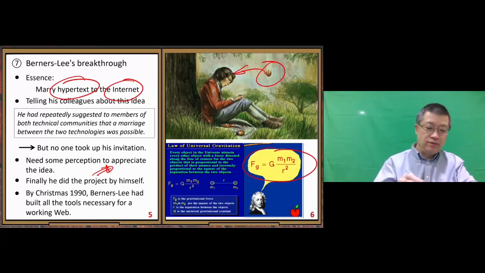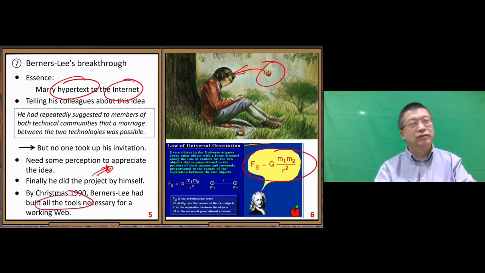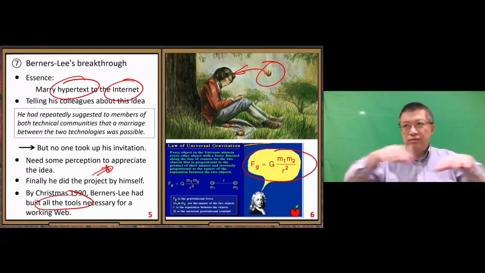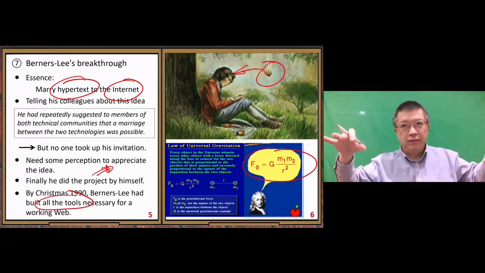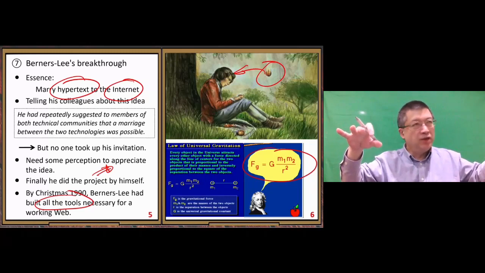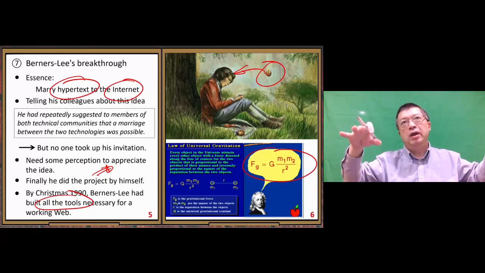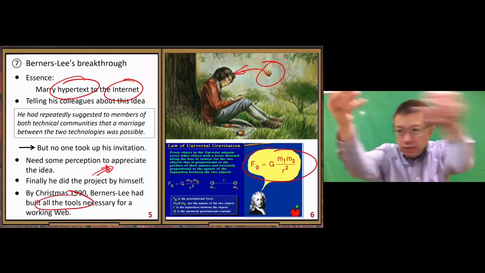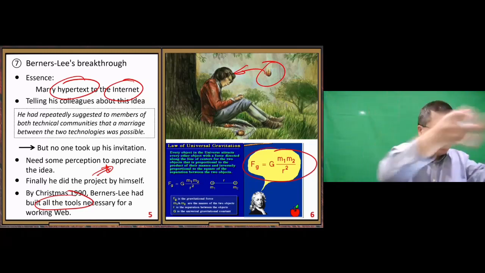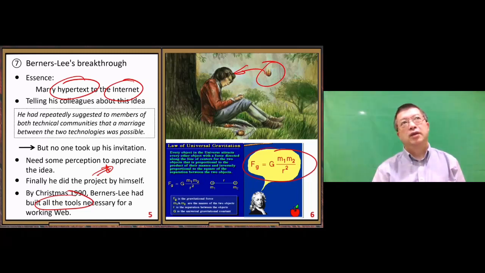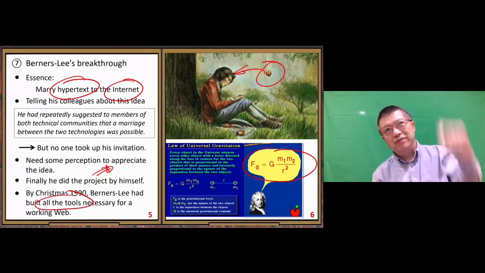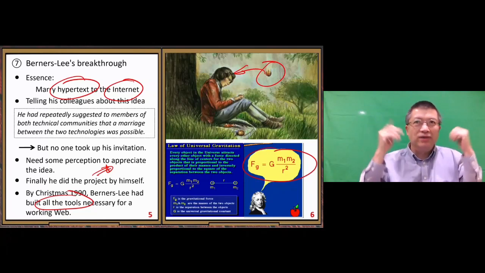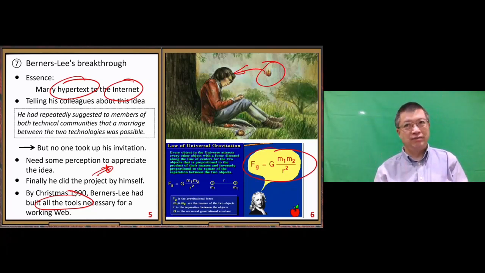What are those tools? All the pieces put together. Most of those pieces were not available at that time, so he needed to develop them piece by piece. Not very long, just a little more than 1 year. You can see, in a little more than 1 year, he completed that project.